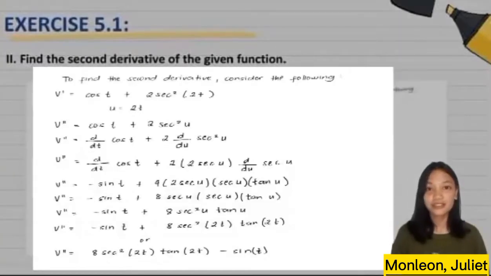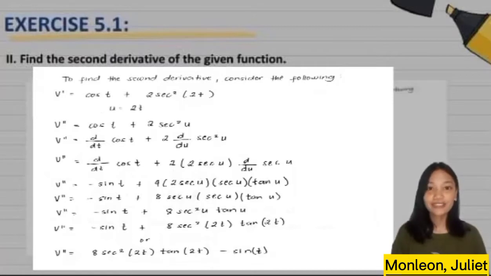To find the second derivative, consider the following. The first derivative of v is equal to cosine t plus 2 secant squared 2t. We will use again the chain rule which I have already mentioned earlier. So, the second derivative of v with respect to t is equal to the derivative of cosine t with respect to t plus 2 multiplied by the derivative of secant squared u with respect to u.